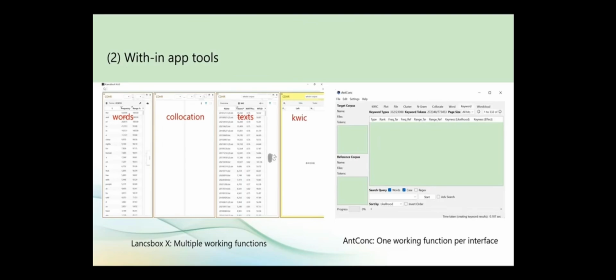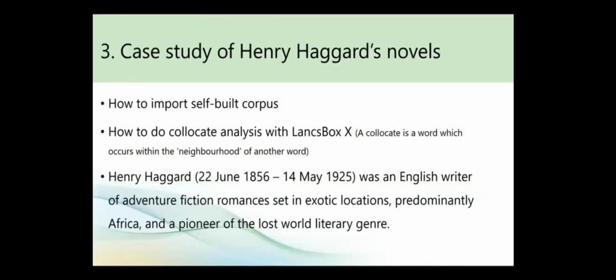LangCastBox-X also allows for the import of more than one corpus at the same time. The tab system is particularly helpful for corpus comparison, as the user can navigate through tabs with the same queries for different corpora. In the following part, I will show you a case study of Henry Haggard's novels to demonstrate how to import a self-built corpus and do collocation analysis with LangCastBox-X.